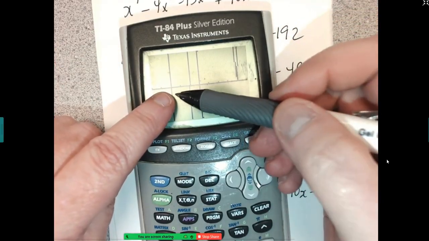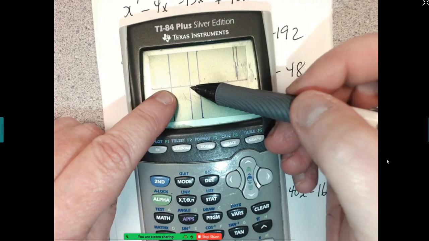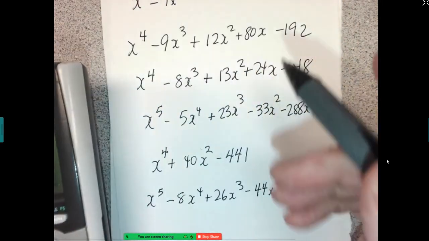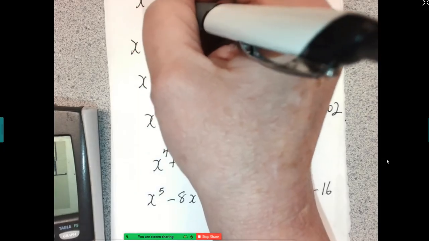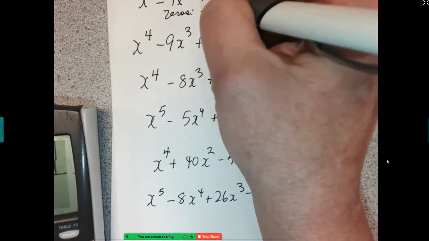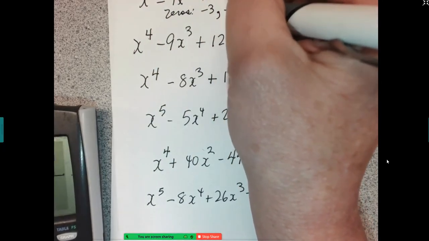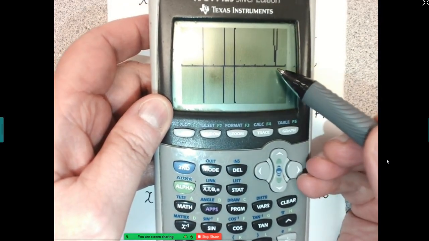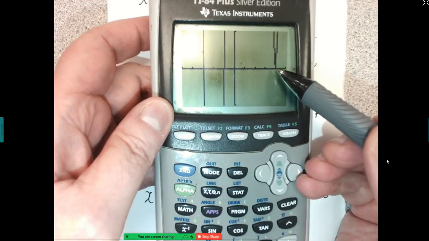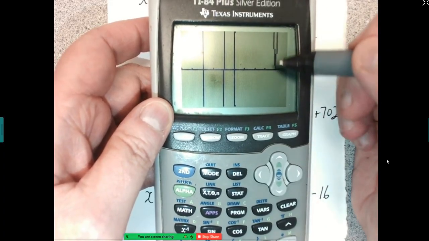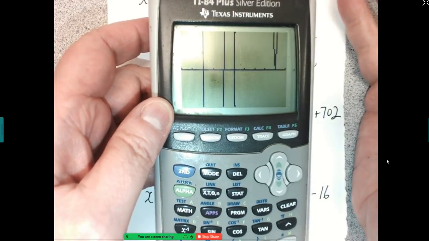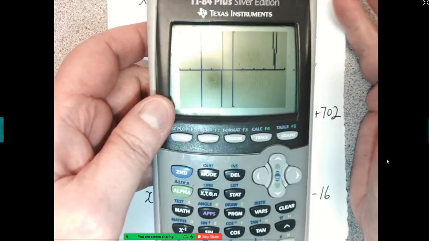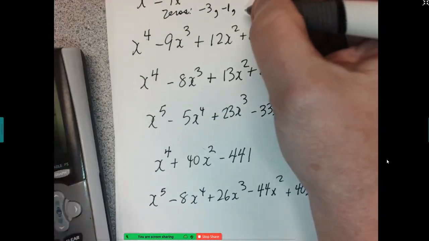I'm seeing a zero at -3 and -1, and both of those look to me like they have multiplicity 1. And then I'm seeing a zero here at 1, 2, 3, 4, because I have an x-intercept at 4. It touches and bounces back, and there's no flattening to that.